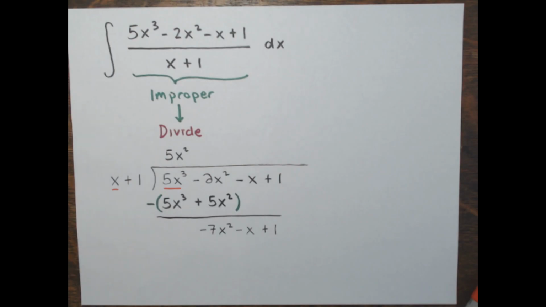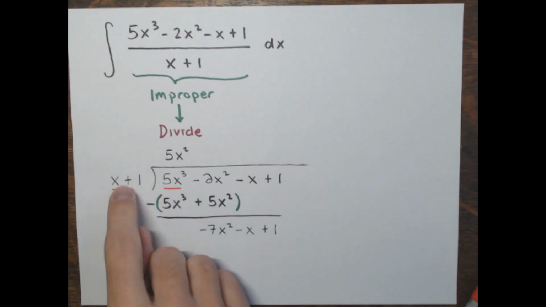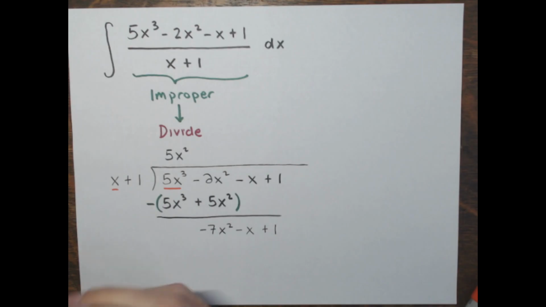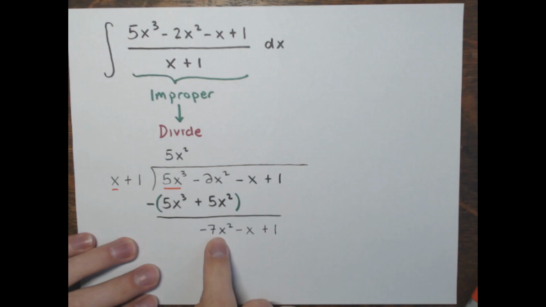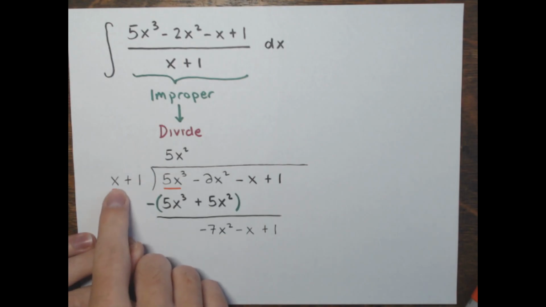All right. And then you keep doing this. Divide by the lead term, multiply by the divisor, and subtract. Divide, multiply, subtract. You keep doing this until the polynomial you get after subtraction has a degree that's smaller than the degree of the divisor, right?